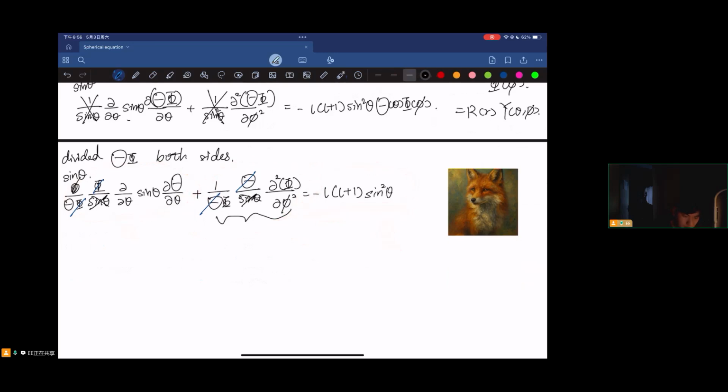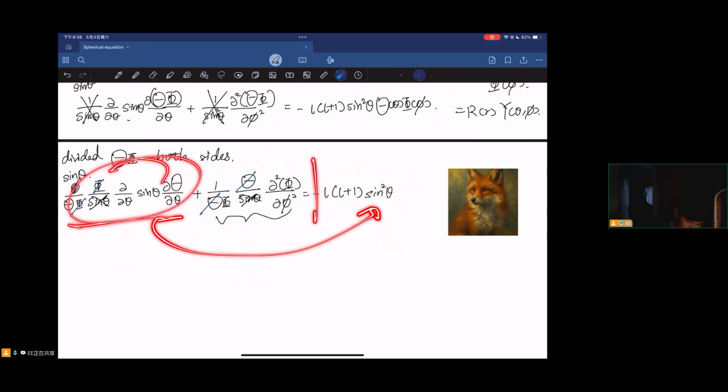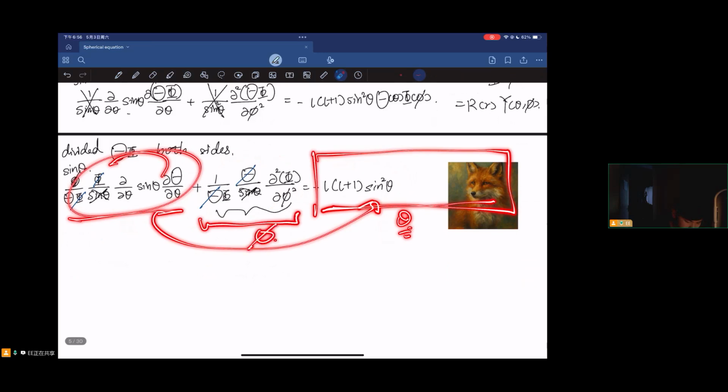So well, we know that they must each equal a constant, because if I move this part to the right hand side, it will be only related to theta, and the left hand side will be only related to phi. This should be phi, right?